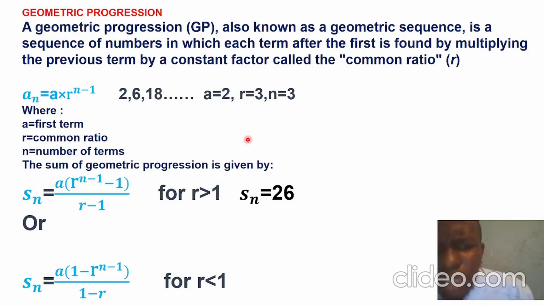Now that we have introduced ourselves to these particular concepts, it is very prudent that we go straight to the examples.